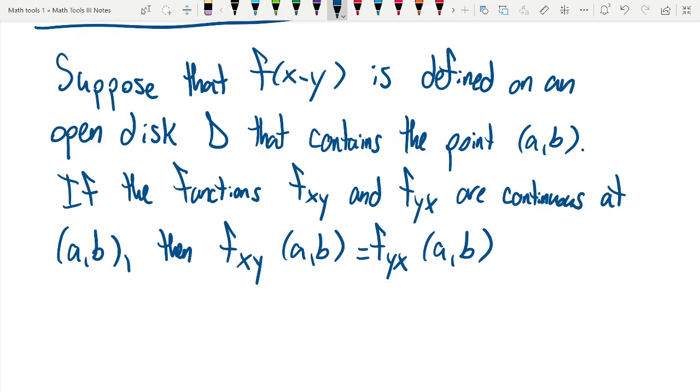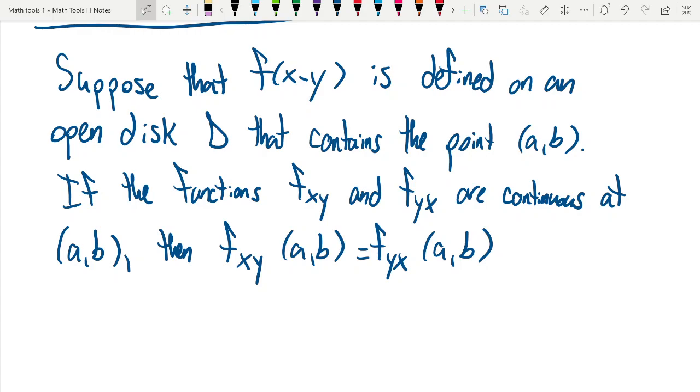So if the second derivatives are continuous, then we don't need to worry about the order in which we differentiate. We need continuous second order partial derivatives in order to not need to worry about the order of integration.